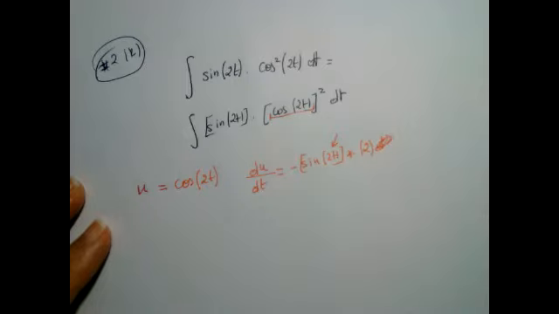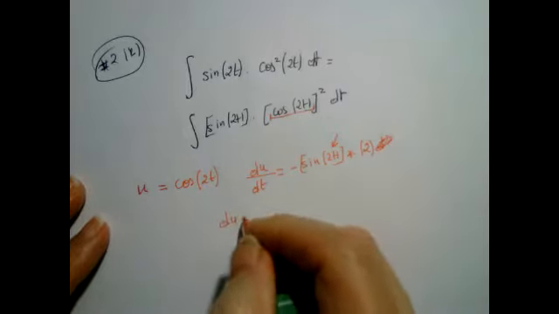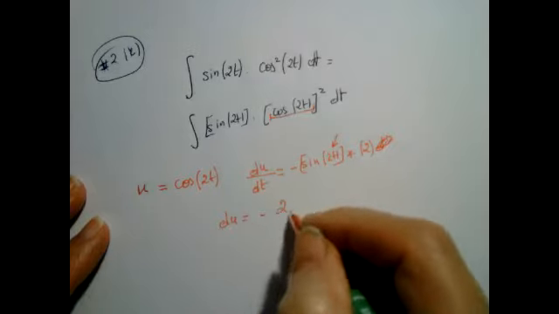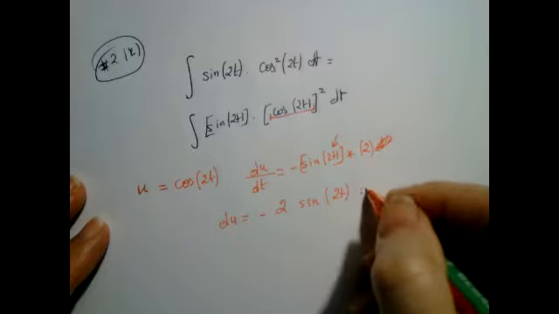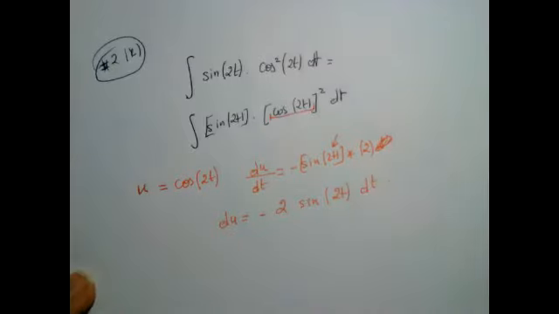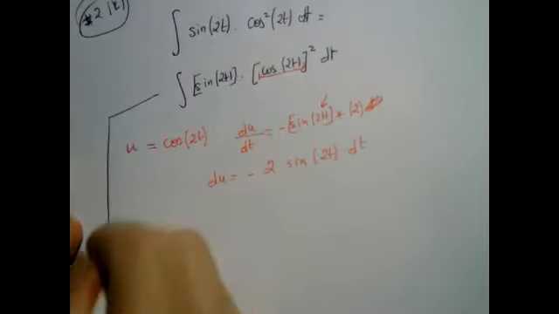Okay, so this tells me that the du is minus 2 sine 2t dt. And now I stop here, I go back to my integral and try to connect the dots.